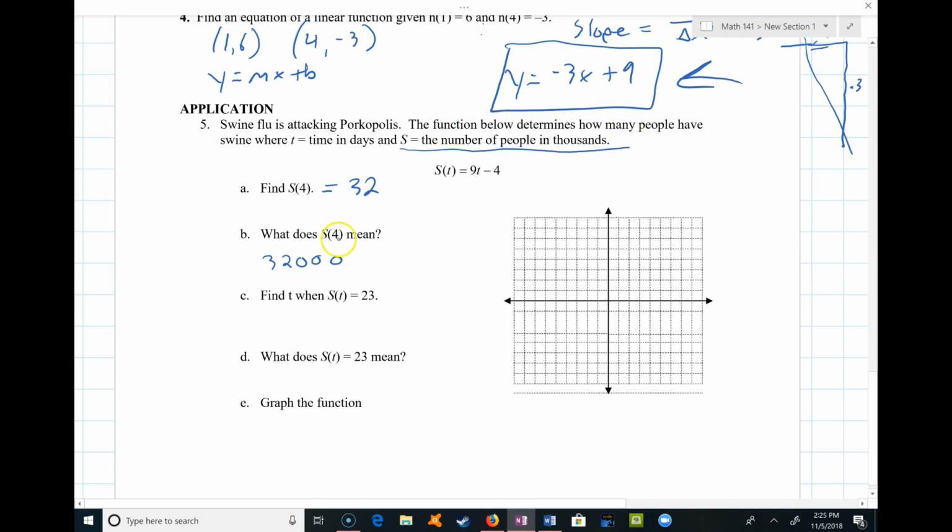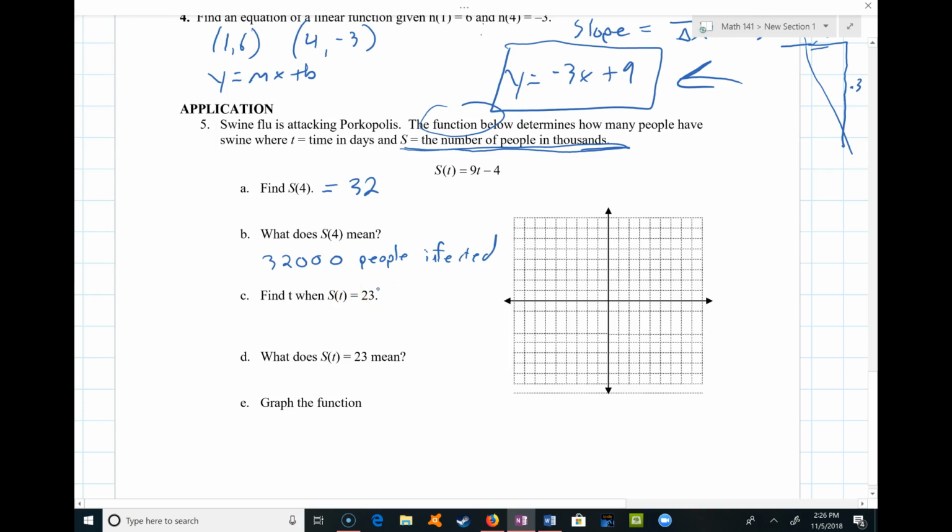So producing the 32 would mean that there's 32,000 people infected. That's what the 32 means. Again, the 32,000, because this says it's in thousands of people, and it's people infected because that tells us what the function determines.